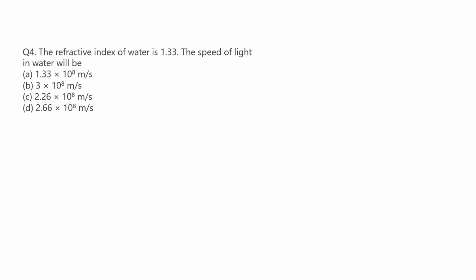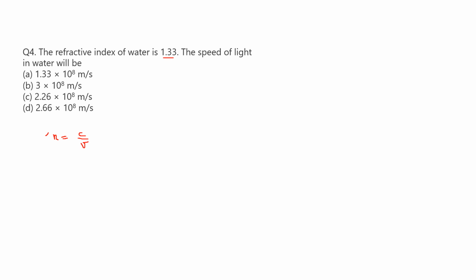The refractive index of water is 1.33. Here I want to tell you one thing, children. Try to learn the refractive index of a few substances. The speed of light in water: now we can use the formula n is equal to c upon v, because we know the refractive index, which is given.